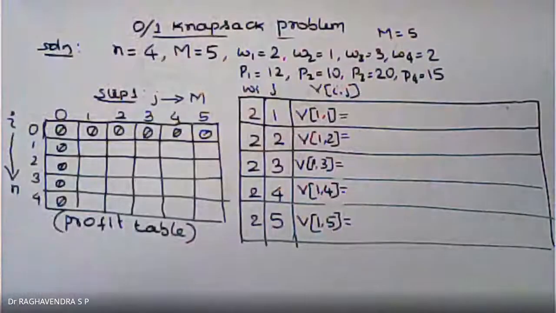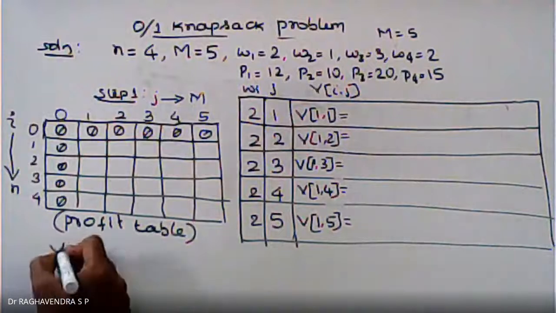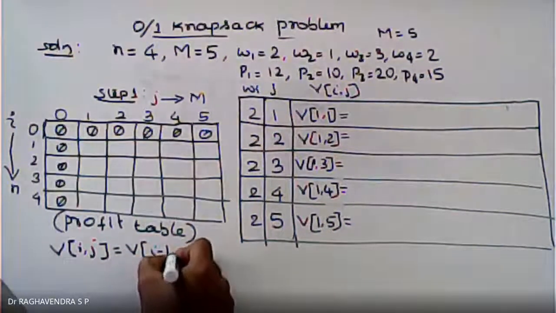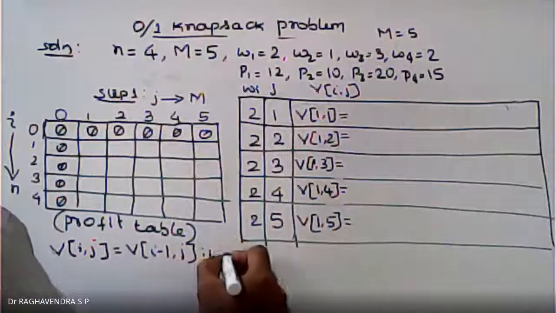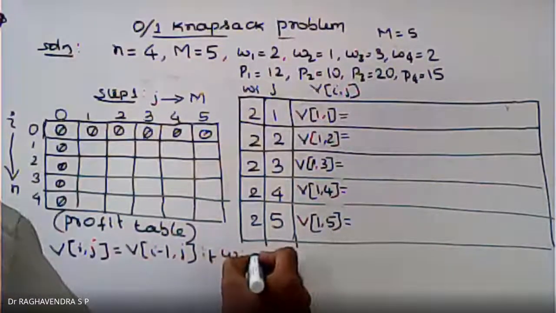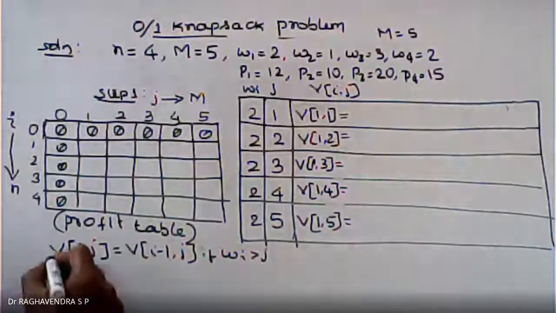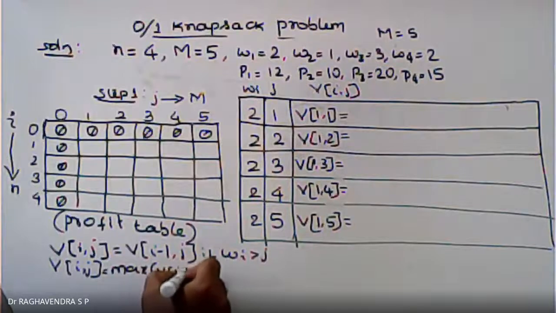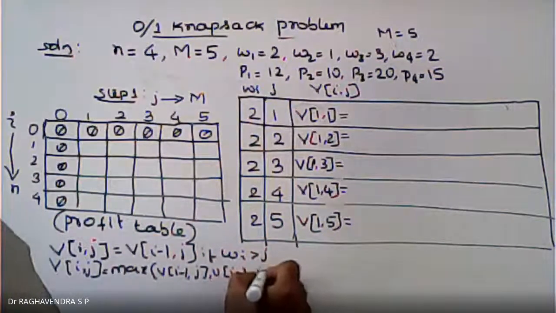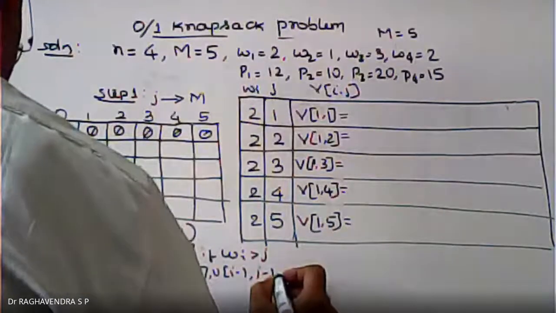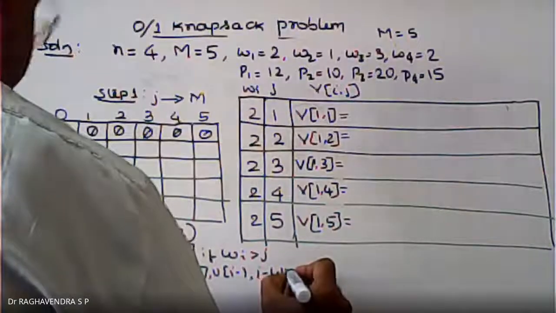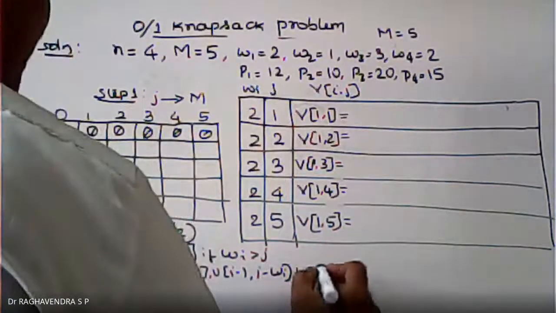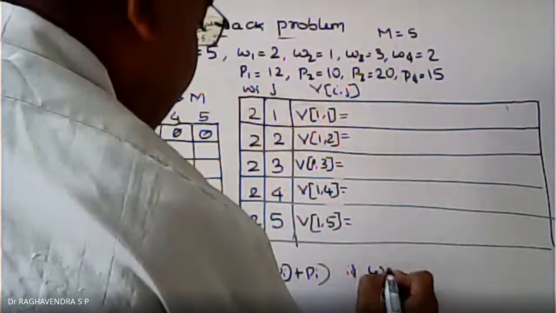I have no space here, so I am writing below. First, V of I comma J is equal to V of I minus 1 comma J, when Wi is greater than J. Another condition: V of I comma J is equal to the maximum of V of I minus 1 comma J, and V of I minus 1 comma J minus Wi plus Pi, when Wi is less than or equal to J.